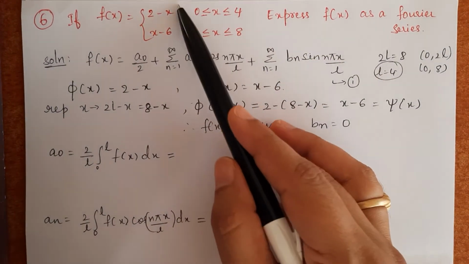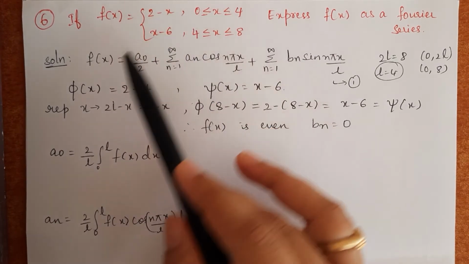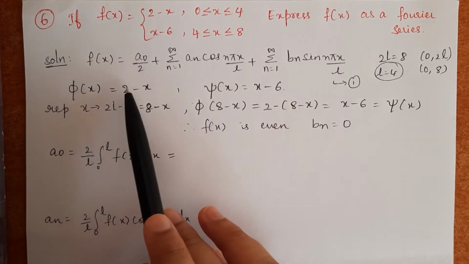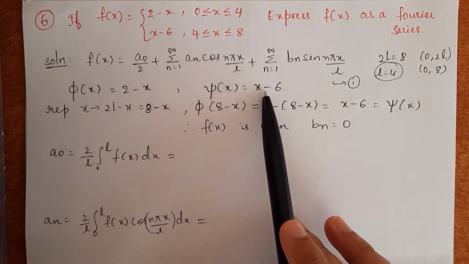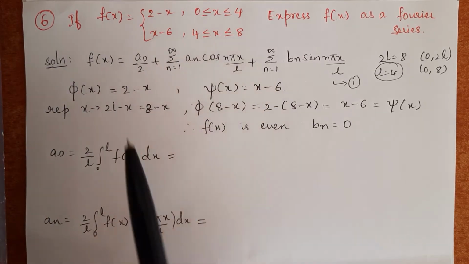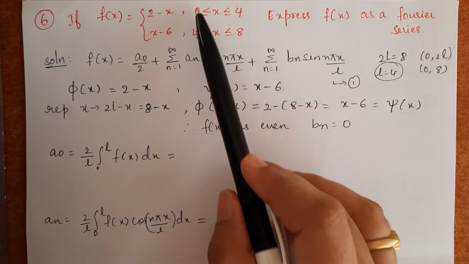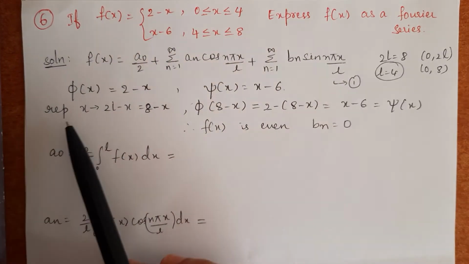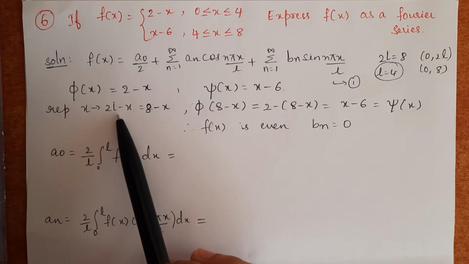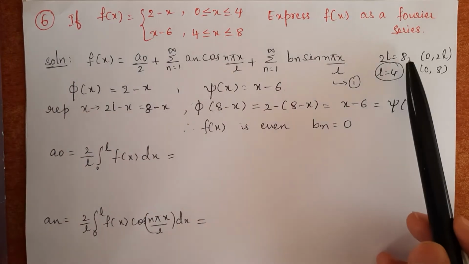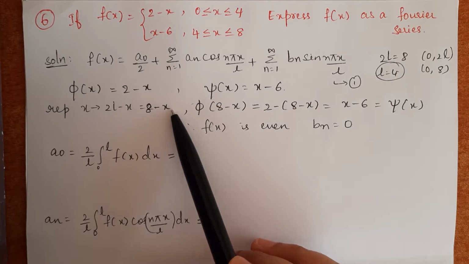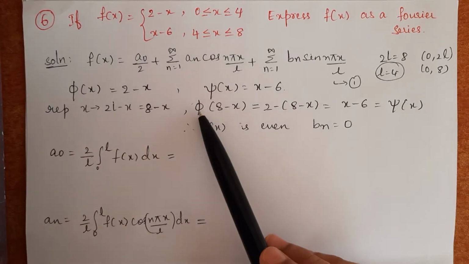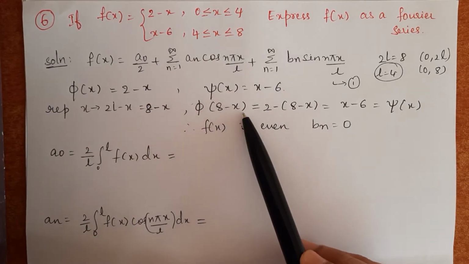Since we have two split functions, the first function is taken as phi of x, which is equal to 2 minus x, and the second function is psi of x, which is equal to x minus 6. Now, since the interval is between 0 to 2L, we should replace x by 2L minus x. 2L value is 8, so I will replace x by 8 minus x in the first function.